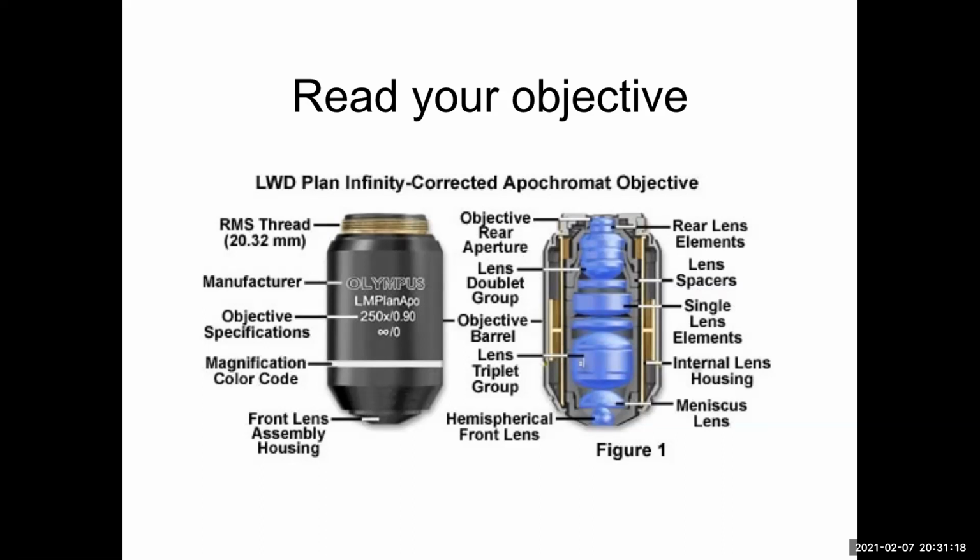By the end of this class, you'll know what info is written right there on the objective itself. So just notice objectives. They're maybe the most important part of the scope. If you made me pick one part, okay. There's a lot of magic in having a good objective. It makes all the difference.